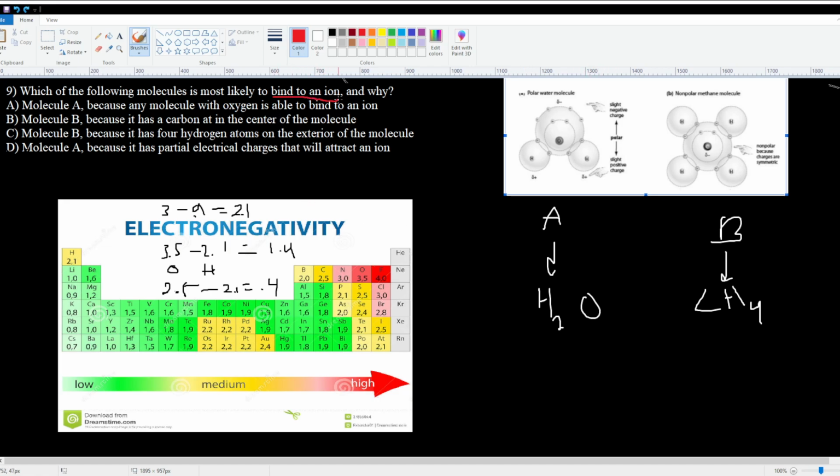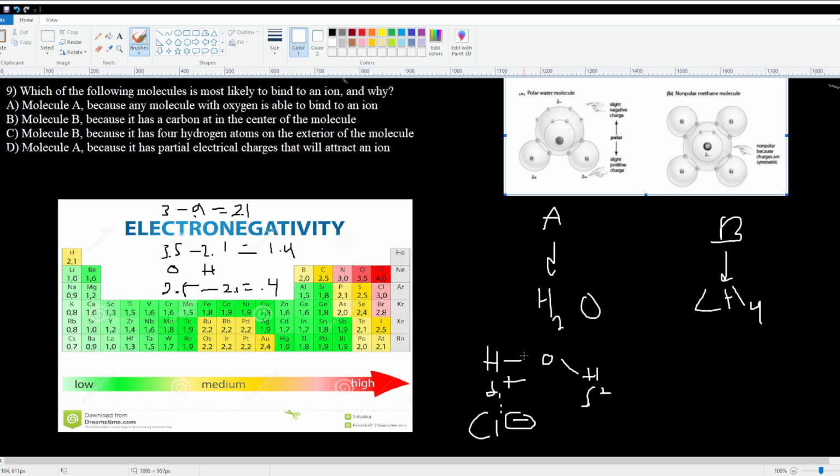When we're talking about binding to an ion, it's kind of strange because it's not technically a hydrogen bond, but it's also not an ionic bond. But yeah, if we draw out water and we have the partial charges, we have the partial positive charge here on hydrogen, and that's going to attract the fully negative charge on chlorine.